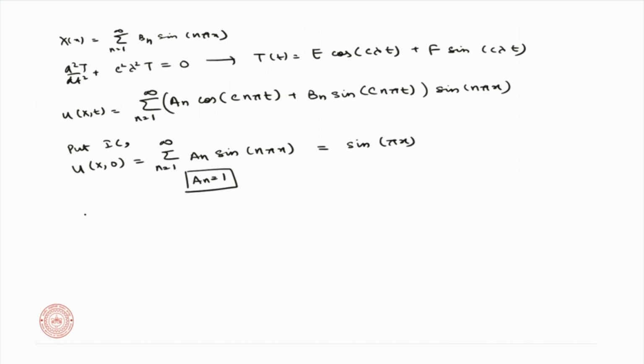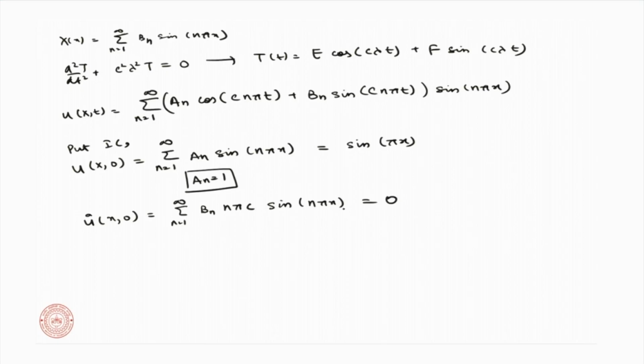Now, what about b n? Then we can find that u dot of x comma 0 will be equal to, if you take this, summation n equals 1 to infinity, this will be minus a n n pi c of sine plus b n of n pi c of cos. Sine term goes away, cos term remains. So, we have b n into n pi c, cos is 1, and then sin pi x, this is equal to 0.